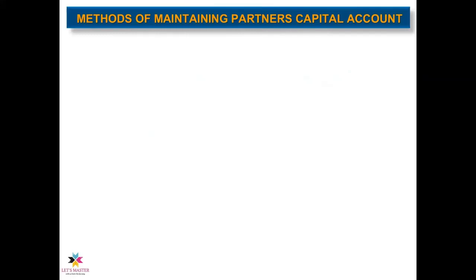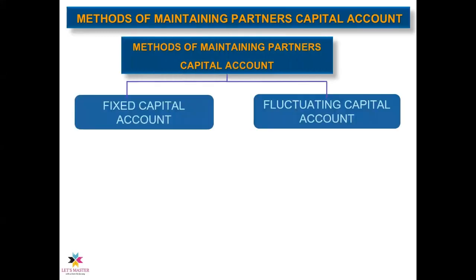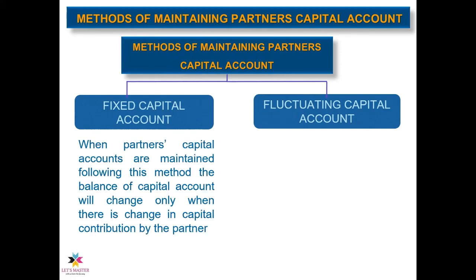Moving further, what are the methods of maintaining partners' capital account? Basically, there are two methods of maintaining partners' capital account. That is fixed capital account method and fluctuating capital account method. What is the difference? When the partners' capital accounts are maintained following the fixed method, the balance of capital account will change only when there is change in capital contribution by the partner.